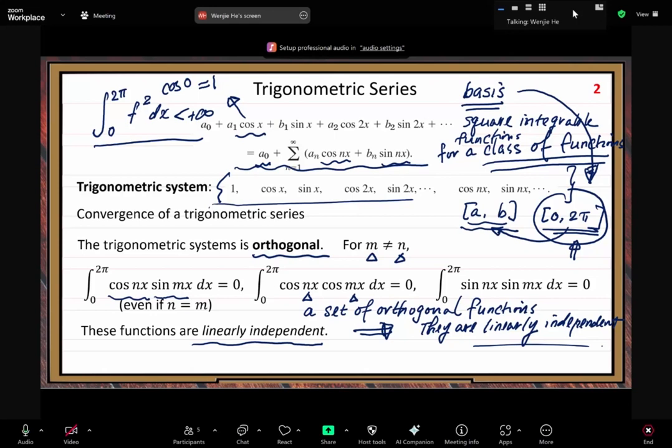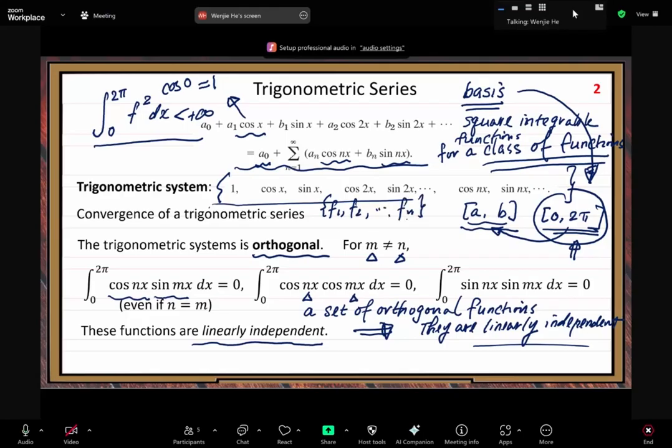All right. So here, let me write a simple proof. Orthogonal. Suppose we have a set of functions f1, f2, ..., fn.